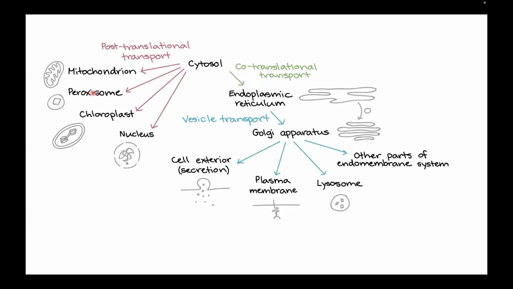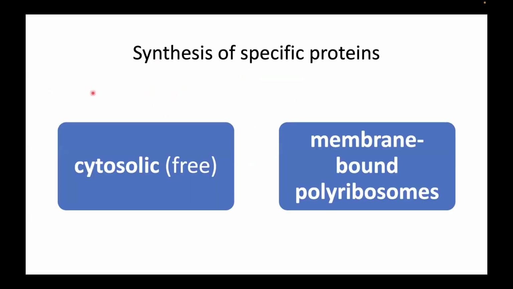Which proteins will pass through. Okay, now this is what I want you to be familiar with. Let's go textbook. In the synthesis of specific proteins, okay, there are basically going to be two forms of synthesis. First is the cytosolic.